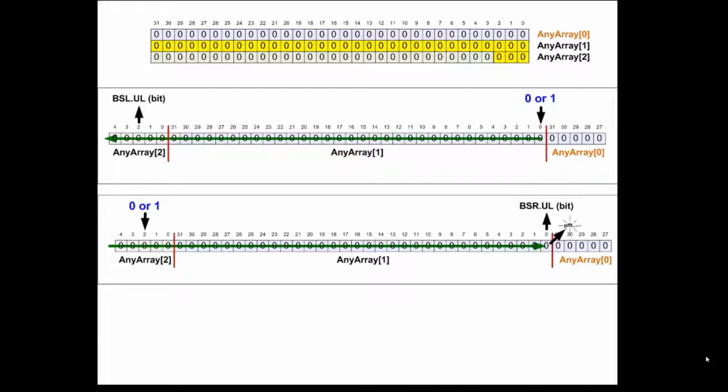And then it's going to go to 1, to 0, then it's going to go to 31 of array 1, and so forth, all the way down to the end. Whatever is in bit 0 of array 1 at each shift will unload to the BSR unload bit, and instead of continuing to move through the array, it will go off into bit space. It won't go from bit 0 to bit 31 of array 0.